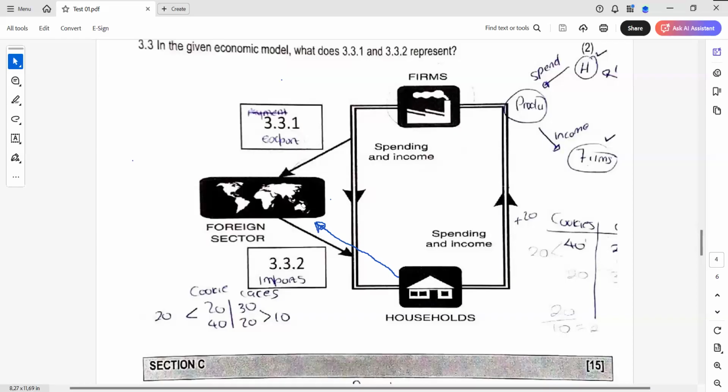These goods are exports. Then the foreign sector pays the households for these goods, which is going to be payment for export, which is going to be an injection in the economy.